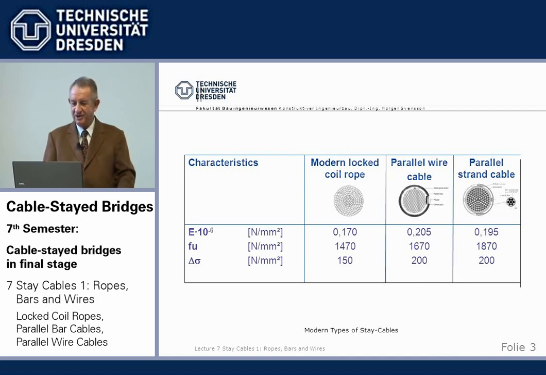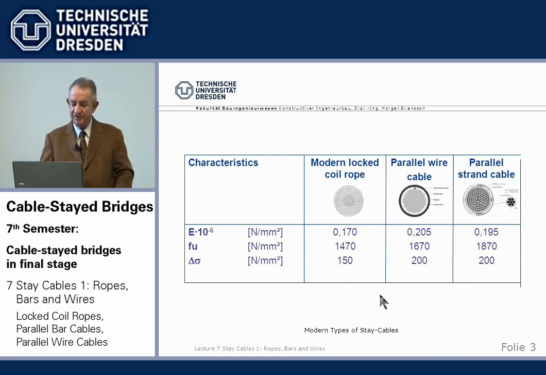And then we have, after those, developed the parallel wire cables and parallel strand cables. Now, they are different. An important difference also with respect to cost. And you remember with me, you always hear about economy, because that's what I'm from my practical time used. I have always been in competition. So the price of anything is important for me.